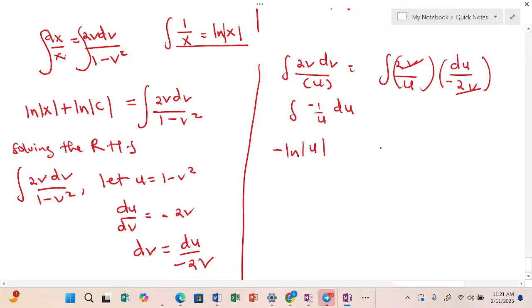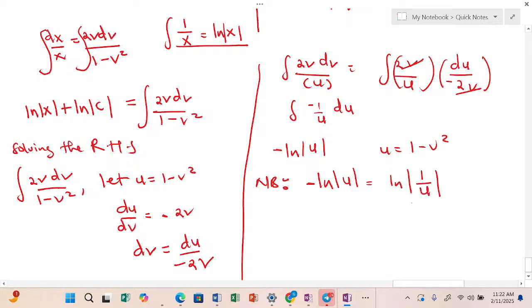But we know that u is equal to 1 minus v squared. So quickly we do a substitution. But note that whenever we have negative ln of a function, negative ln of u becomes ln of 1 over u.